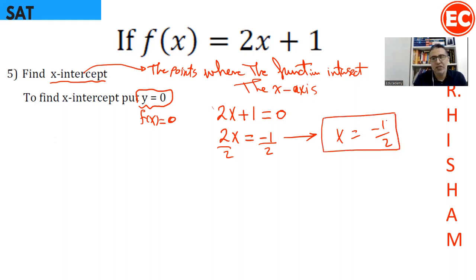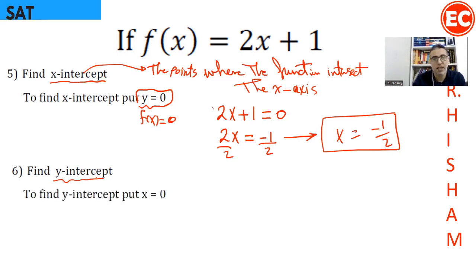So the x-intercept of this graph or this function is negative half. If I'm looking for the x-intercept, I'm replacing y with 0. But what if I'm looking for the y-intercept, the point that intersects the y-axis? In this case, I'm going to replace x with 0. It's the same as f of 0.